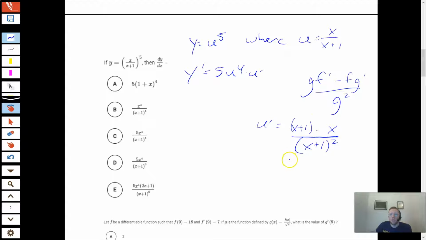So, we need to simplify? I guess we can. This just gives us, our x's cancel out, and we're left with 1 on the top over x plus 1 squared.